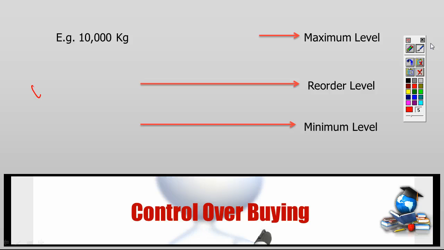What is the quantity? Here comes the topic control over buying. How is this? Let us see.